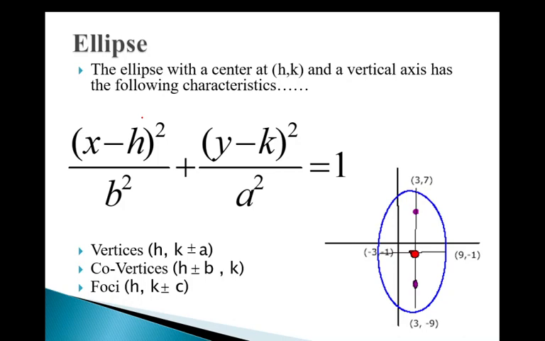Now notice it doesn't matter if my ellipse is vertically major or horizontally major, x squared always comes first. In both, x squared comes first and y squared comes second. A and b move spots to tell me horizontal or vertical major, which is different in our hyperbola. When we go over that, we'll talk about how you can tell if those are vertically major or horizontally major. But basically, we're just following our formula charts.